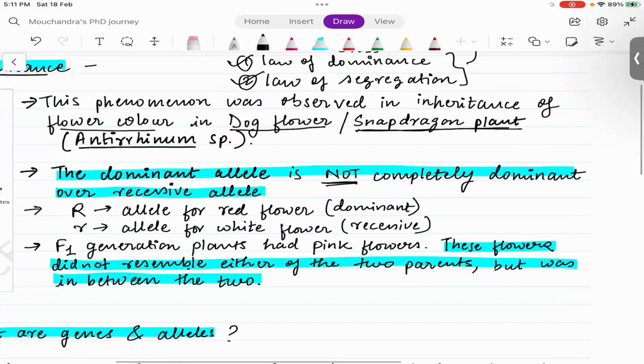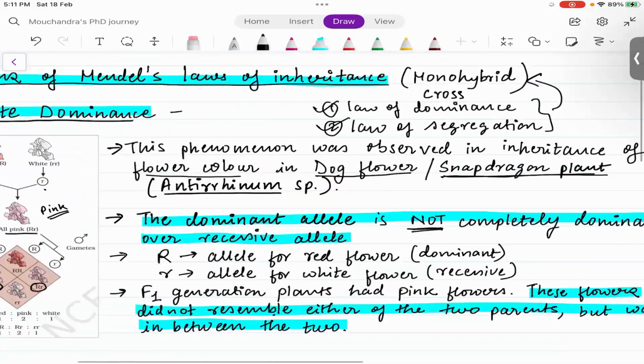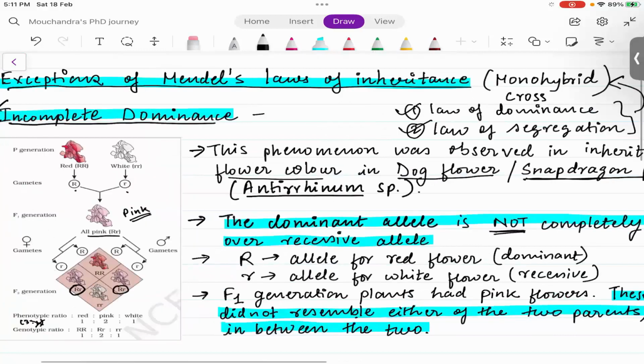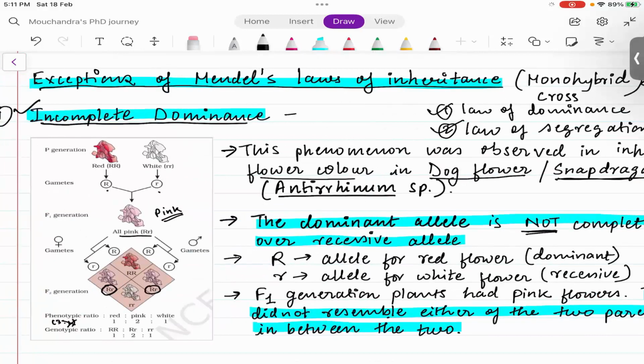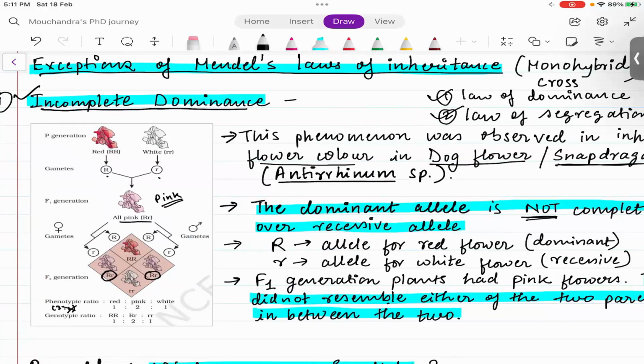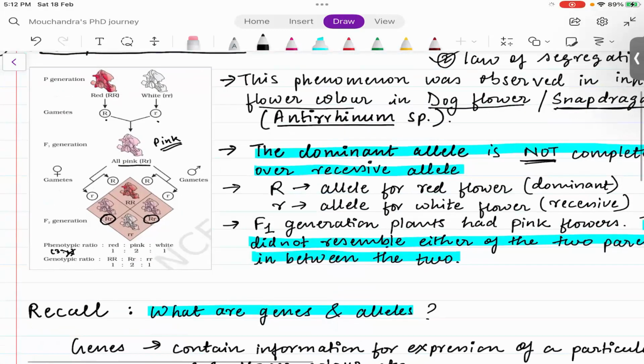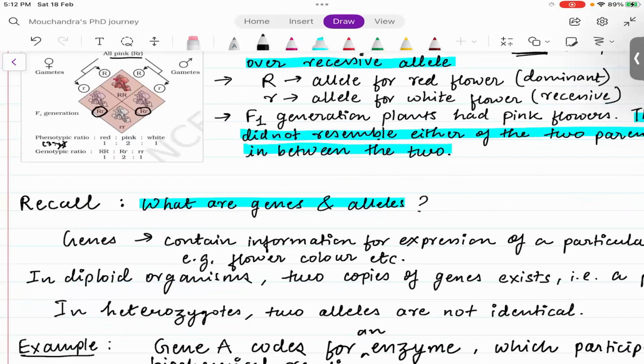So I think the concept of incomplete dominance must be clear to you. The F1 progeny did not resemble any of the parents. Rather, it showed a phenotype which is in between. The dominant allele is not completely dominant over the recessive allele. Now, let me explain in a more elaborate manner what are genes and what are alleles.